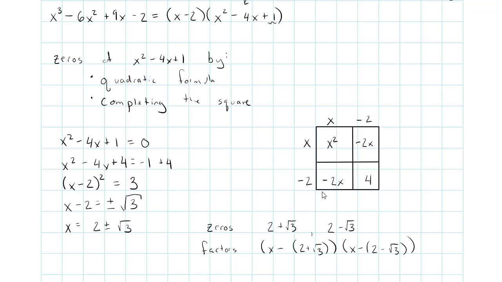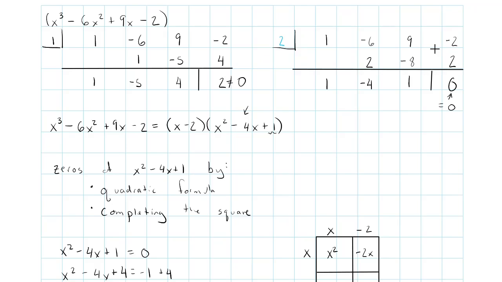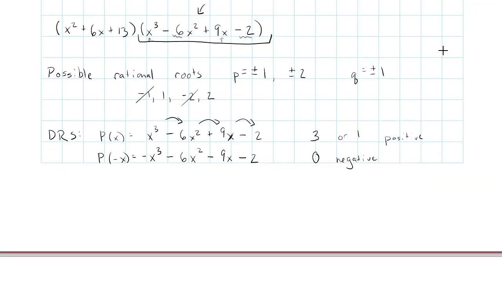Okay, I think we're done now, right? We've broken everything down into linear factors. Let's go back and find them all. So here are two real roots and the corresponding linear factors. Here's another real root and the corresponding linear factor. And of course, at the very beginning, we have the irreducible quadratic factor that we were given.